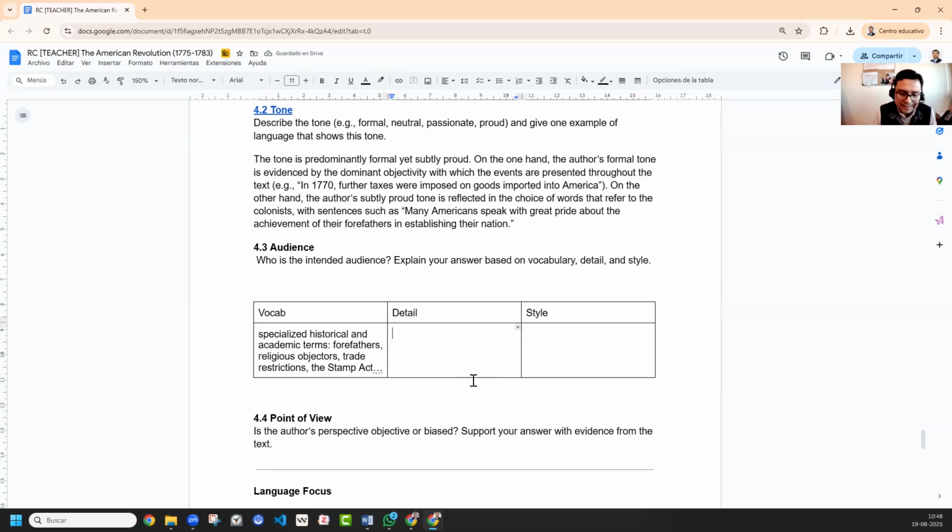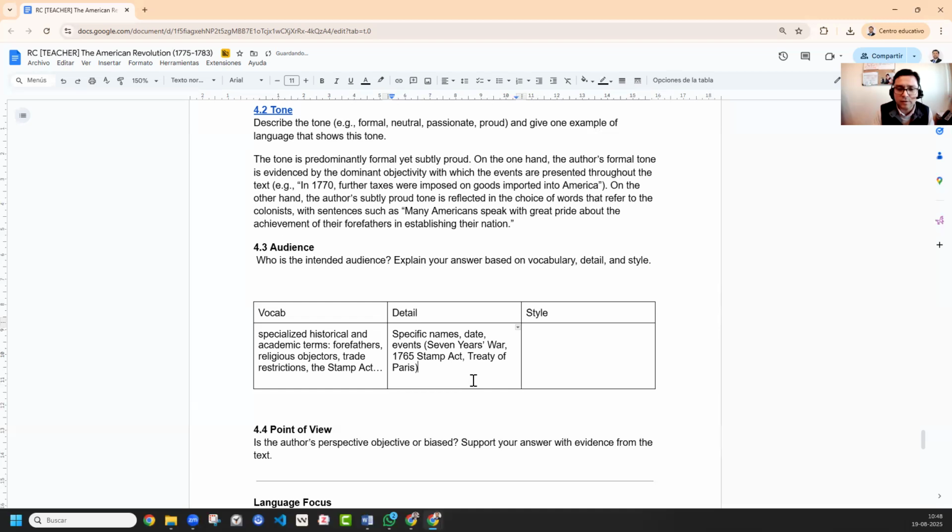Then in terms of detail, we're given specific names, dates, and events. For example, the 7 Years' War, the 1765 Stamp Act, the Treaty of Paris.